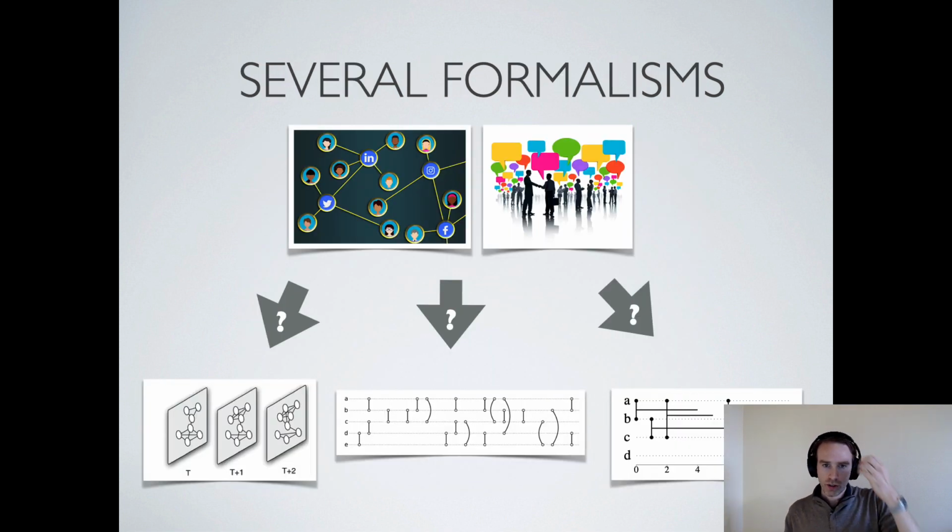So let's go back to the problem. We have some data process observed of interaction between individuals in real life, in social media, or whatever, or even any other type of data. And we want to represent this as a dynamic network. I will distinguish three main ways of representing it, which I think are representative of what is possible.